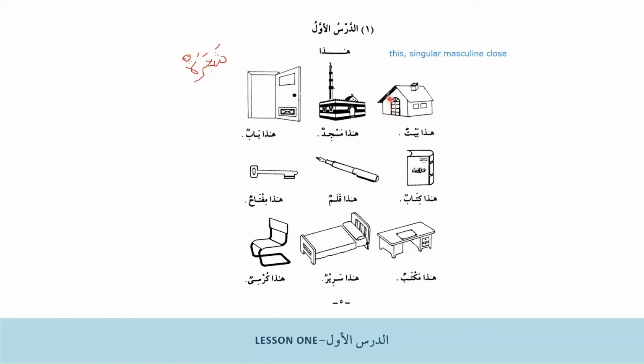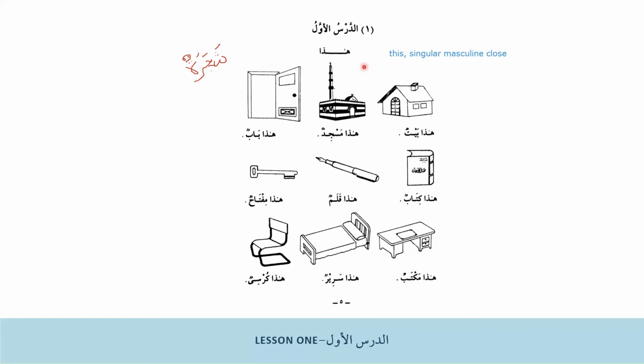There are a few ways, but one simple hint or tip is if a word has a round ta, this ta is known as ta marbutah. The round ta, they call it. In Urdu they call it gol ta, the round ta. If it has that round ta, that word will be considered feminine.